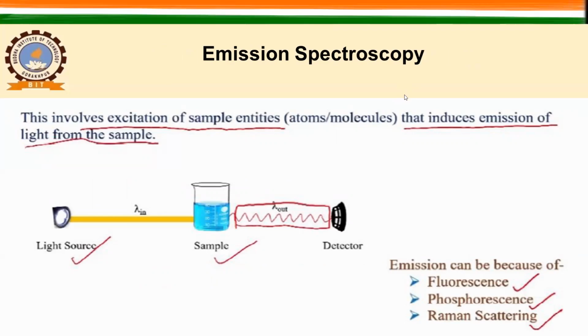So here again, this light source, sample, and assuming everything is absorbed, and then in transmittance, and we are only using an instrument which can measure the emitted information, and the emission can be because of the fluorescence, phosphorescence, and Raman scattering.